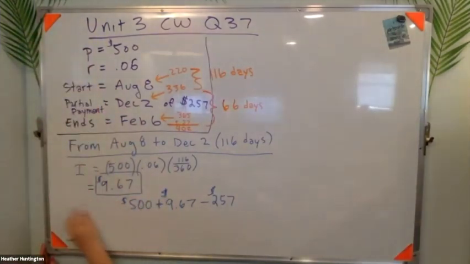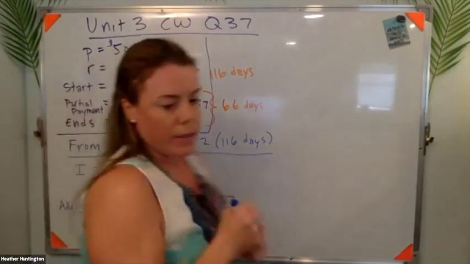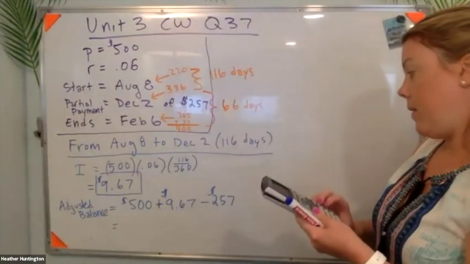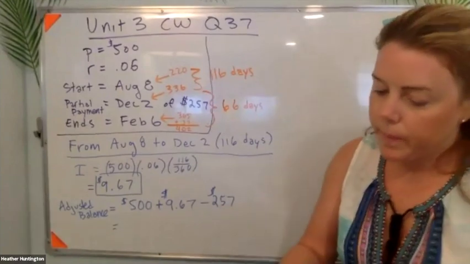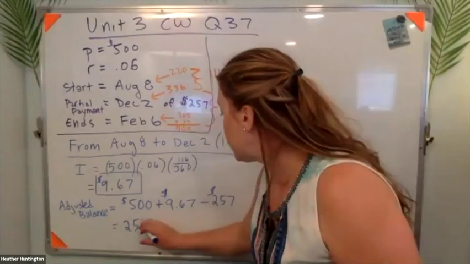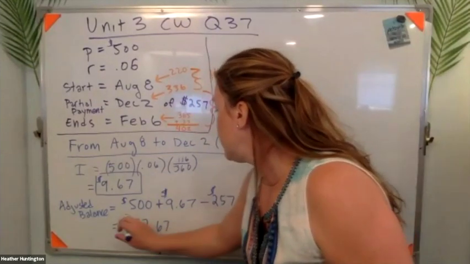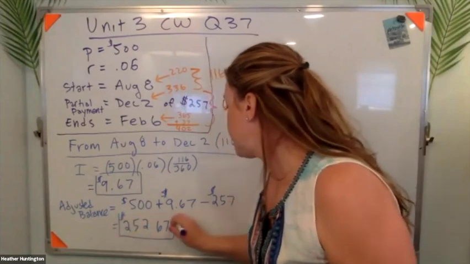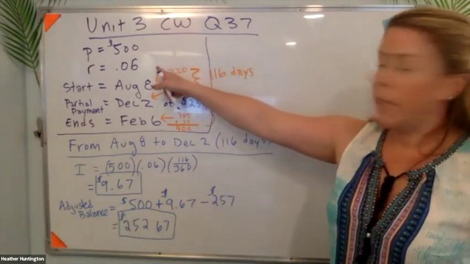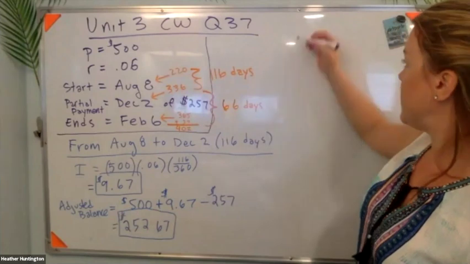So I'm actually going to write this as adjusted balance. Okay, so what do we get? Looks like our new balance is $252.67. Okay, so this is now the balance that's going to be charged 6% interest rate for 66 more days.